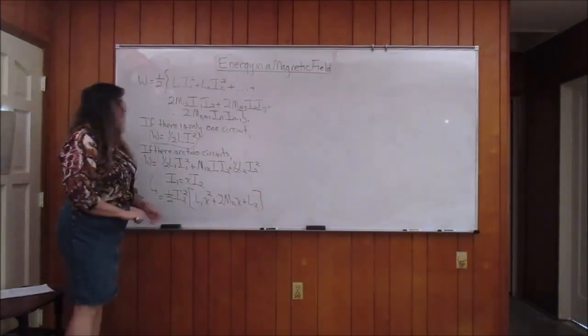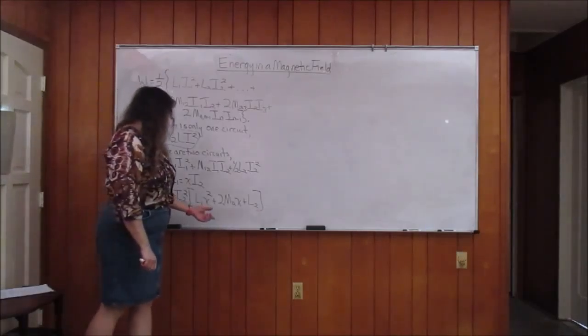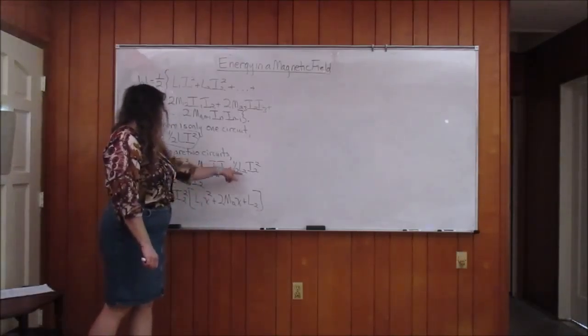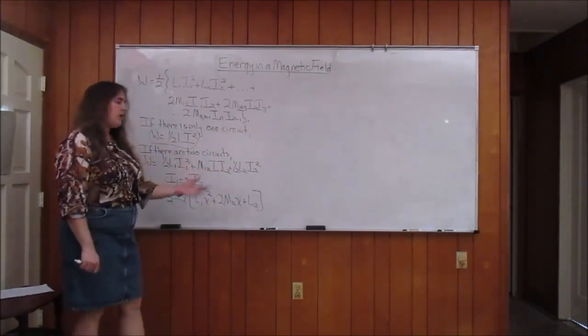Now, it must be the case that the energy here is greater than or equal to 0. Well, these two terms, first and last terms, are positive. The inside term can be positive or negative.